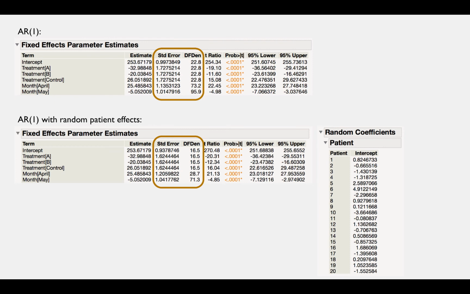When we have to estimate all those, each patient gets a random variance associated with it. So there were 20 patients, I think. So that means we have 20 new variance estimates that we have to make. When we do this, it's going to impact how the degrees of freedom get distributed for these tests, and so it changes the sample size that we're allowed to use to test these.